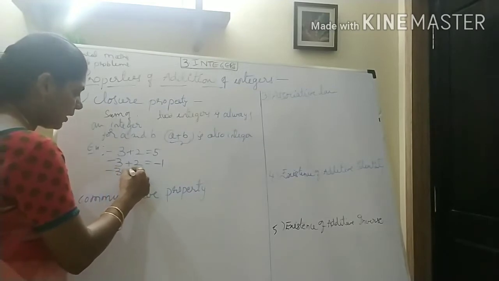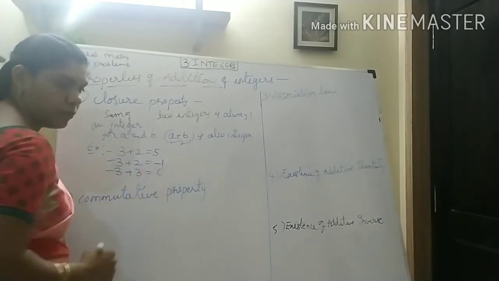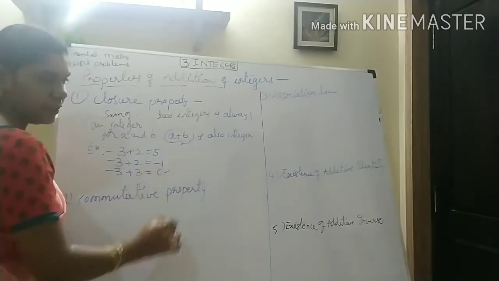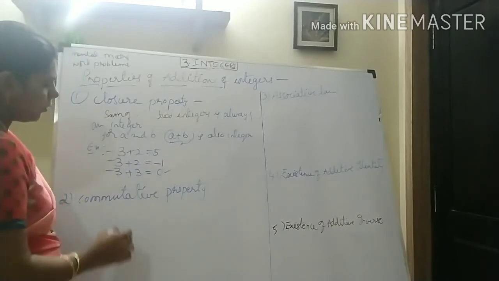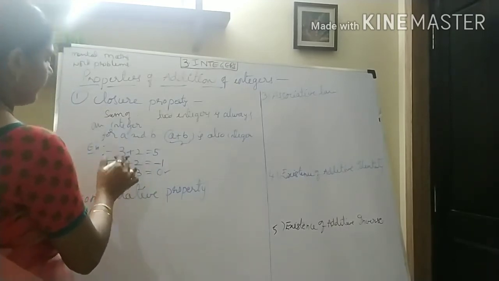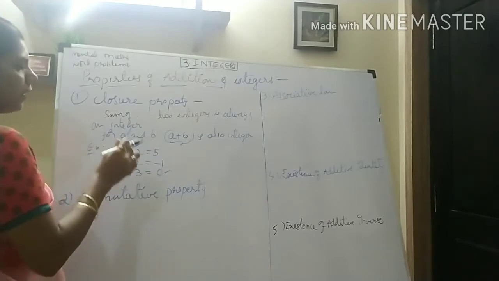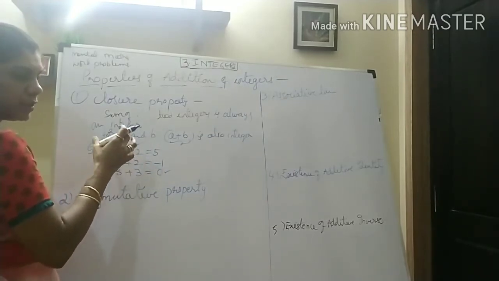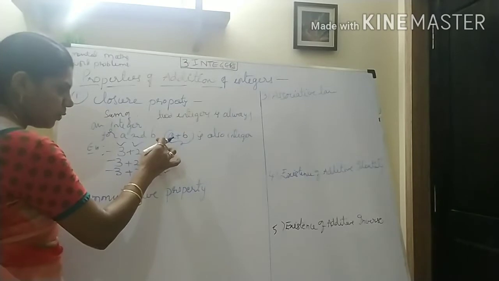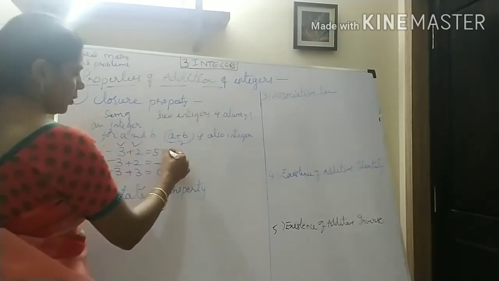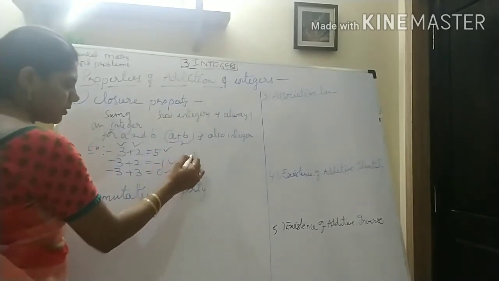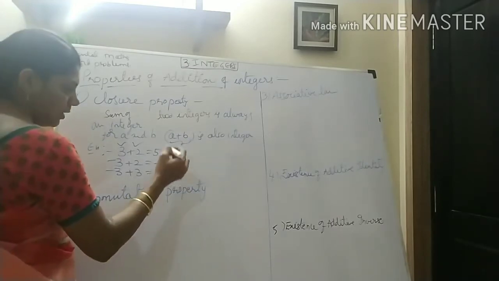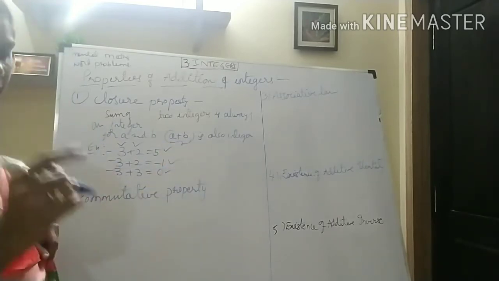Now see, minus 3 plus 3 is 0, and 0 is also an integer. Like that, any integers you take, if you add them, the sum of any two integers is also an integer. Positive numbers are integers, negative numbers are integers, and 0 is also an integer.